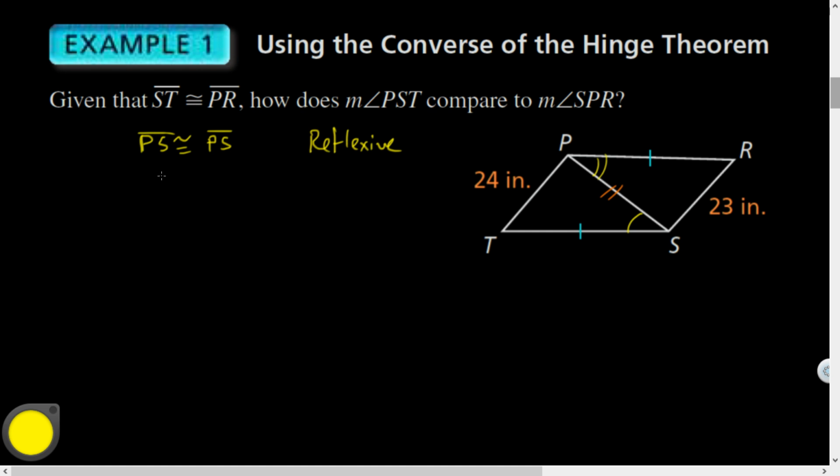All right, notice that PT is bigger than RS, right? I'll just say given, or just compare the numbers. All right, so what do you think you could tell me about those angles?